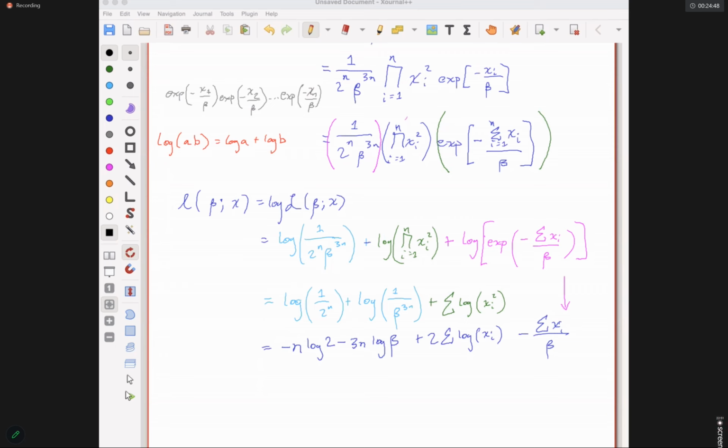So if we're trying to maximize this with respect to beta, we need to differentiate. Go ahead. Yeah, first and second derivative.